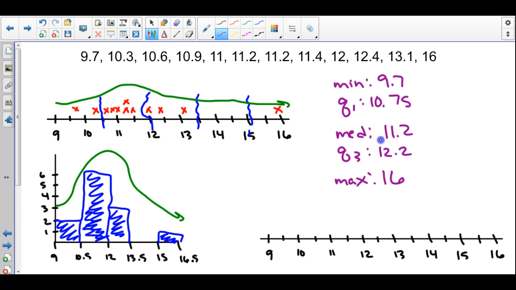So I'm going to find where these 5 numbers are on my number line down here. I'm going to mark off 9.7 is here, 10.75, 11.2, 12.2, and then all the way over to 16. Holy cow, that's way over there. And it's just another indication that this data is skewed, since one of your whiskers is significantly longer than the other.